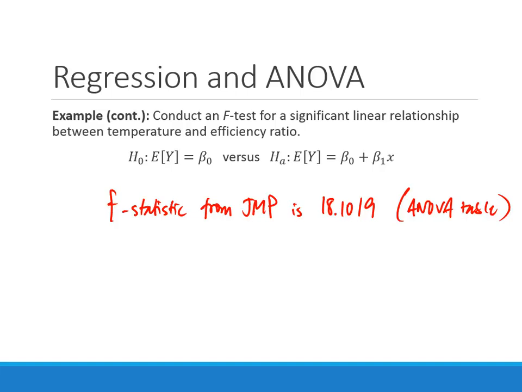Okay, and from JMP we also get the p-value. It's something very small, 0.0003. Which might sound familiar from the last time we did this test, the test for beta 1. It gives you the same p-value.